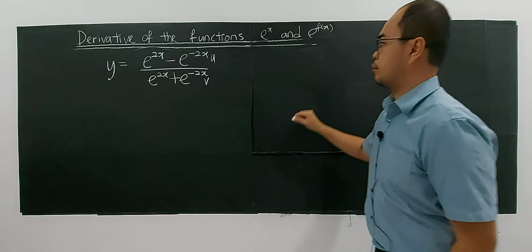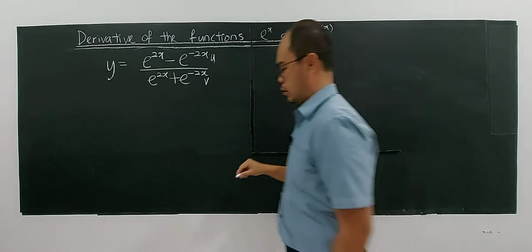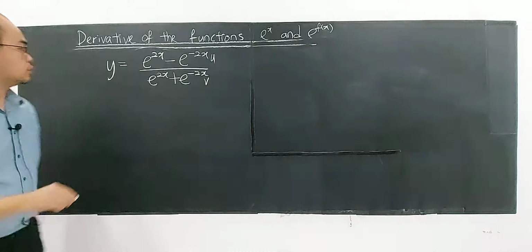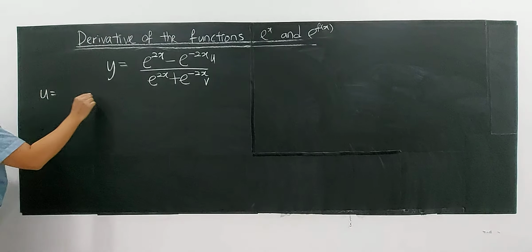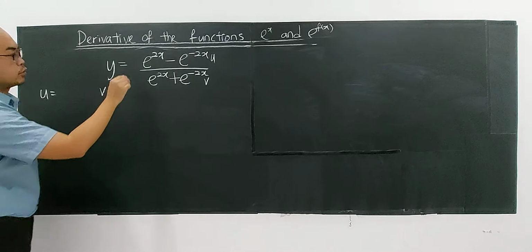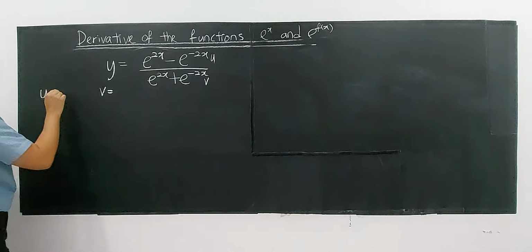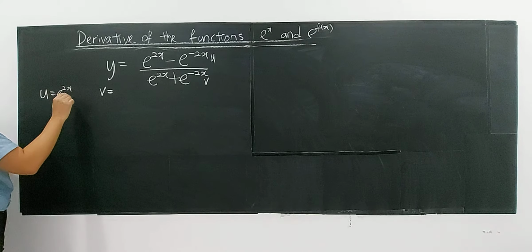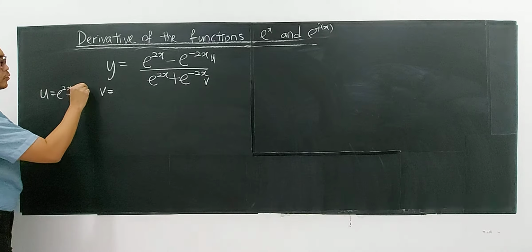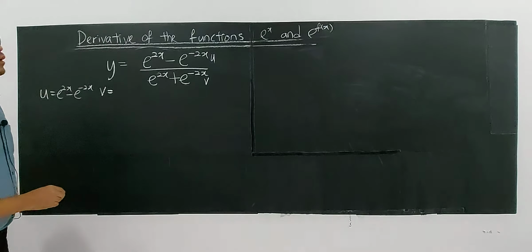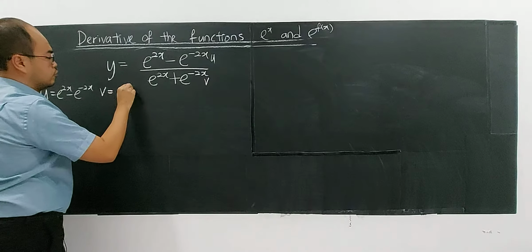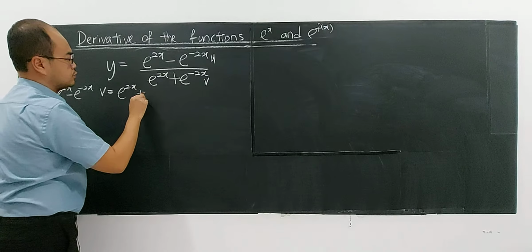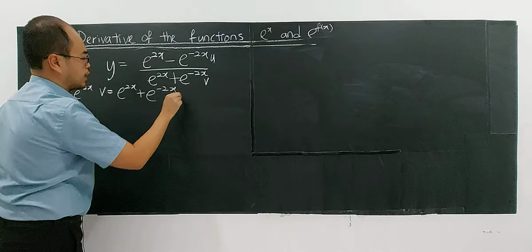So let's see how to apply it. You need your u and your v. Your u will be the numerator, the function on top, e^(2x) minus e^(negative 2x). Here you have v, e^(2x) plus e^(negative 2x).